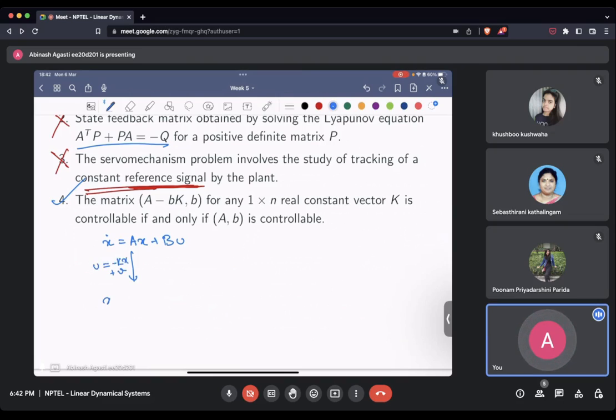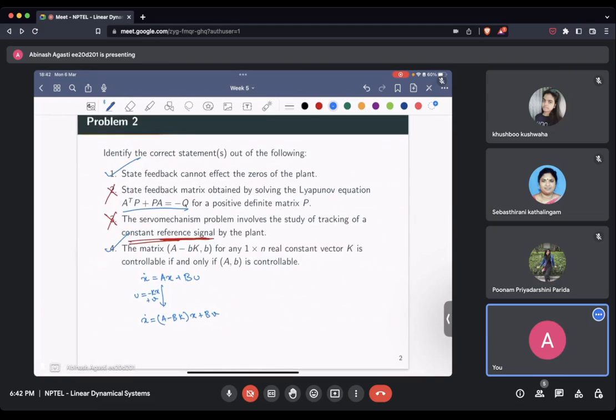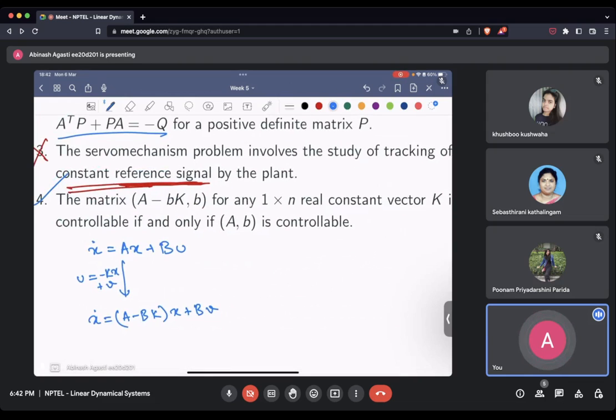Okay, so what I'll get is x dot equal to A minus BK x plus Bv, right? So this is a very standard thing that is done in feedback control. What you try to do is, whatever existing dynamics is there in terms of A, you try to neutralize the instabilities by putting this K feedback gain matrix, and then whatever new desired properties you want, you do that with this v thing.